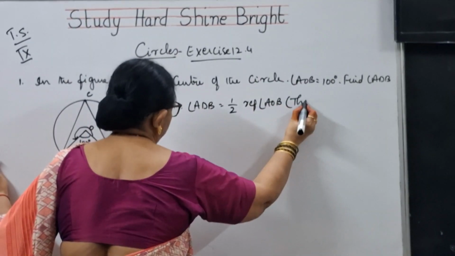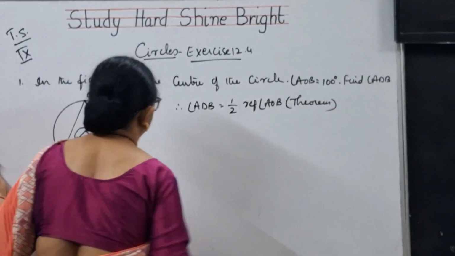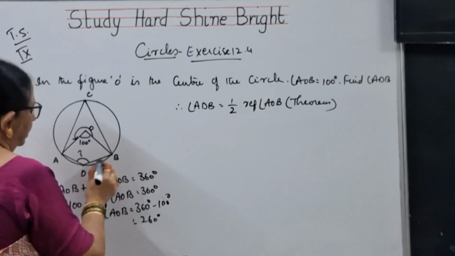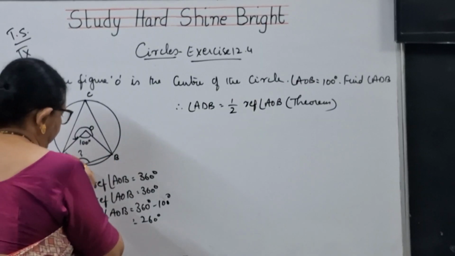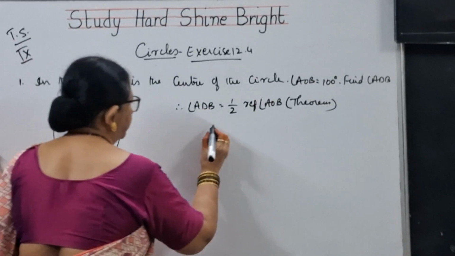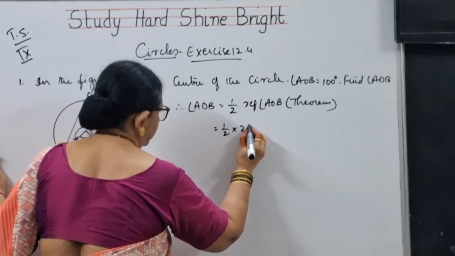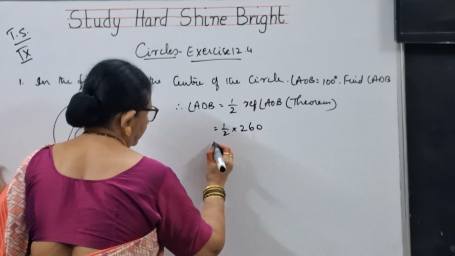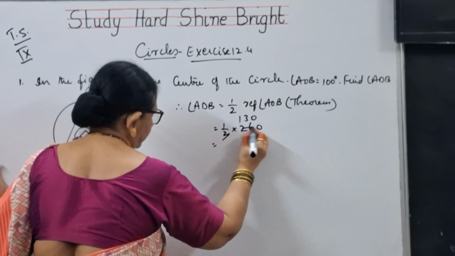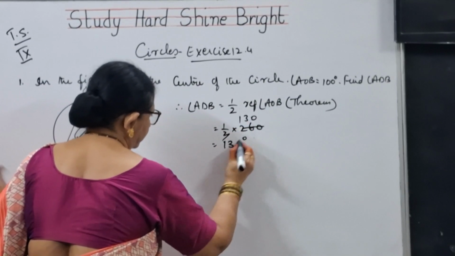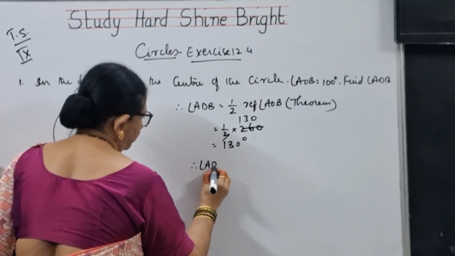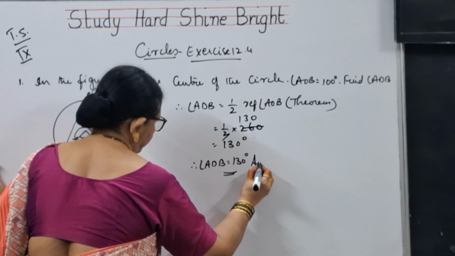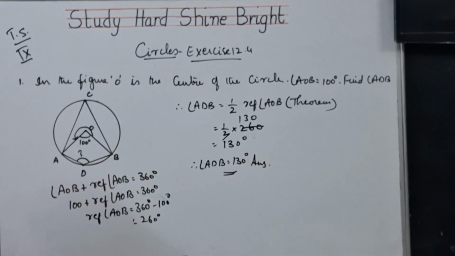This is what we have learnt in the theorem. The angle at the center is 2 times the angle at ADB. That means this angle is half of that. That means half into 260. That means how much? 130 degrees. Therefore, angle ADB is equal to 130 degrees is the answer for this problem, children.